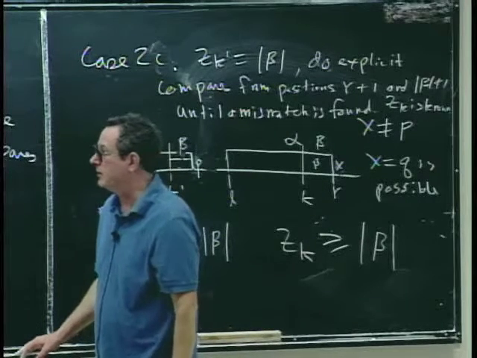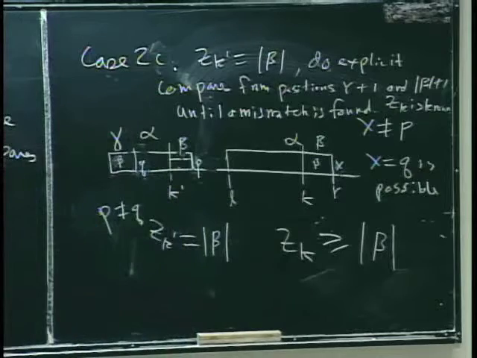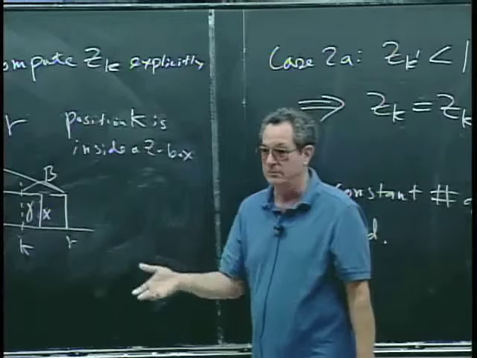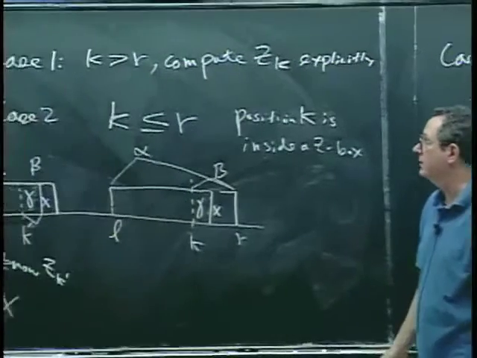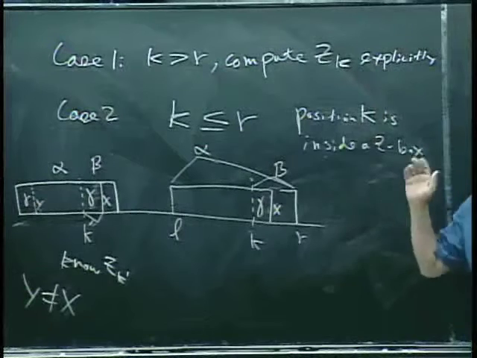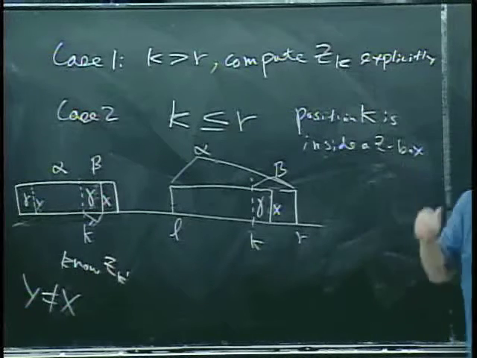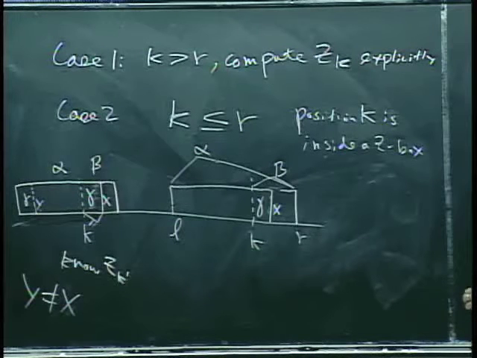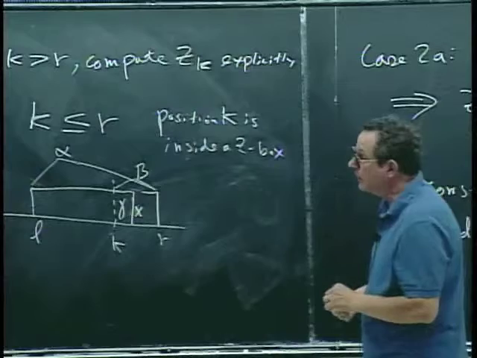You can think of that as case 1. If you just think of r starting at 0, then when you're looking for z2, k is equal to 2, so k is bigger than 0, and you just do explicit comparisons. So that's the whole algorithm. And it should be clear that it's correct.